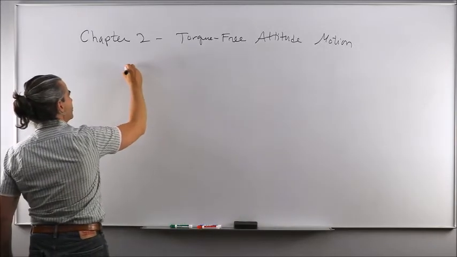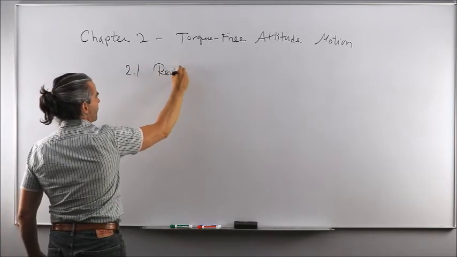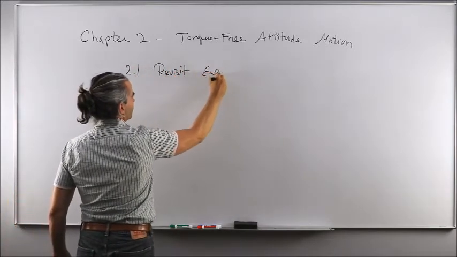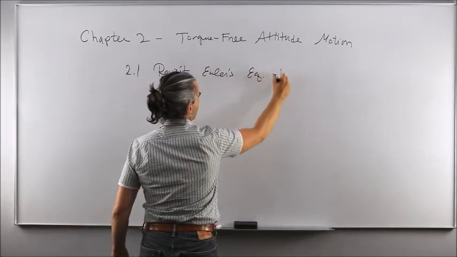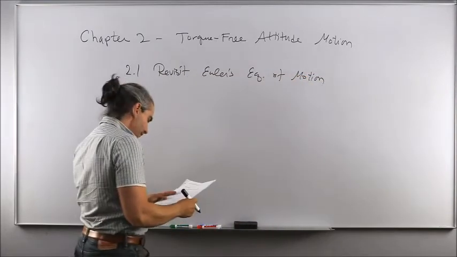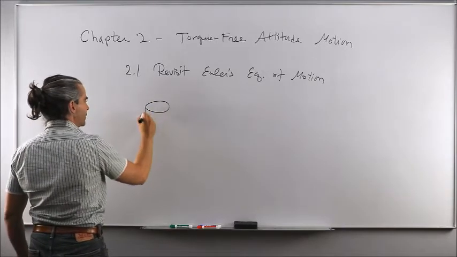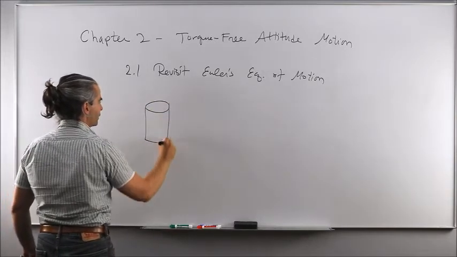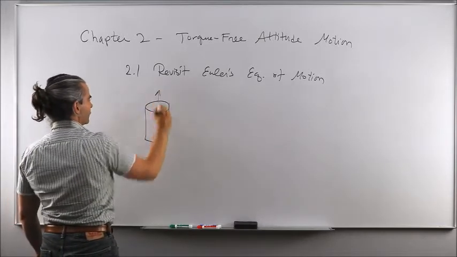First thing to do towards this objective is to revisit our Euler's equation of motion, specifically for the case where we are dealing with an axisymmetric rigid body that would be symmetric about two axes. Okay?